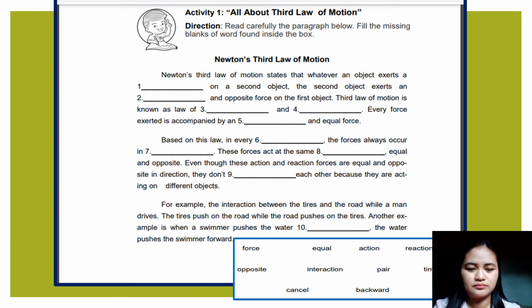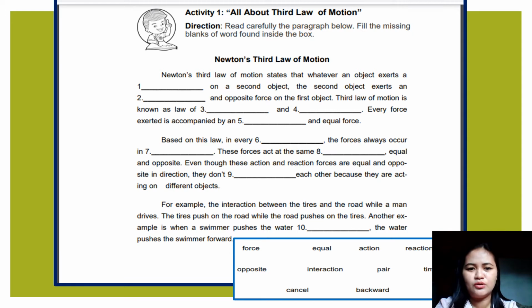Okay, sige nga. Newton's third law of motion states that whenever an object exerts a blank and a second object, the second object exerts an, diba? Balikan nyo lang yung points to remember, masasagutan nyo yan. Itong 1, 2, what is the other name for third law of motion?